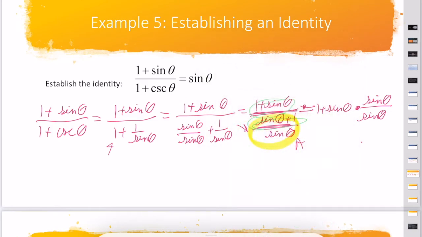So I have 1 plus sine of theta. My 1 plus sine of theta terms cancel, and I'm left with just sine of theta. Doesn't that look so much nicer than this hot mess? Let's take a look at example 6.